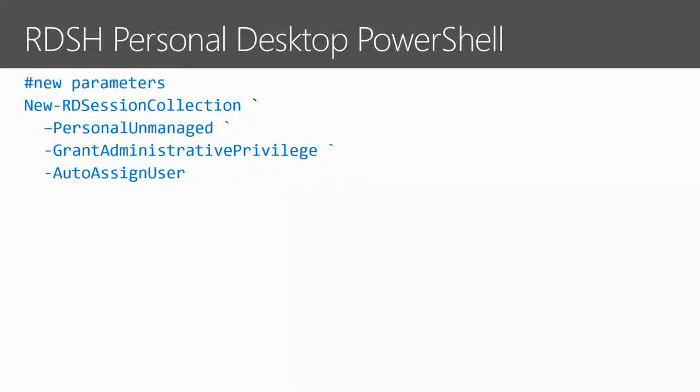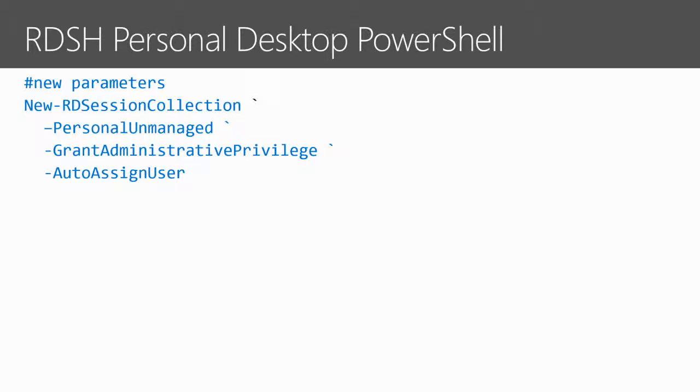Okay, so if you have the Ignite build, or you get your hands on it, this feature has been implemented, these personal RDSH-based desktops. But they're not in the GUI. They're only available through PowerShell. So what we've done here, if you're familiar with our RD PowerShell, is we've taken one of our current commandlets called New-RDSessionCollection, and we've added 3 new parameters to that commandlet.